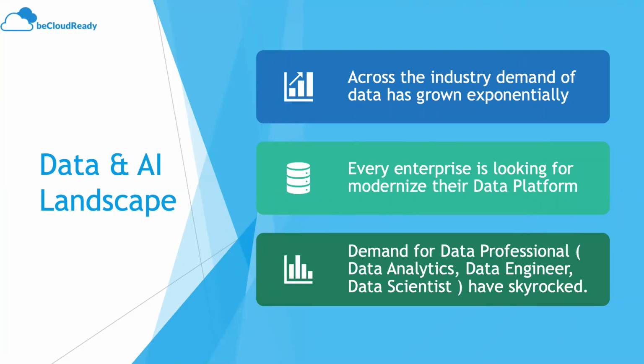Because such massive transformation is going on, there is of course a lot of demand for professionals who can work with data. When it comes to working with data, there are quite a few job roles out there, but often people try to paint everything as a data scientist, which is not true.